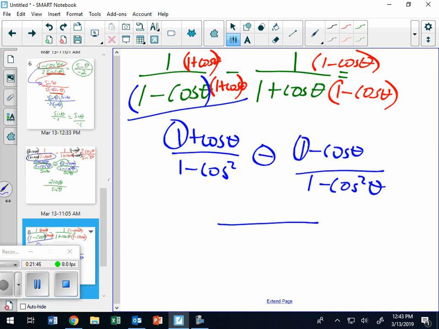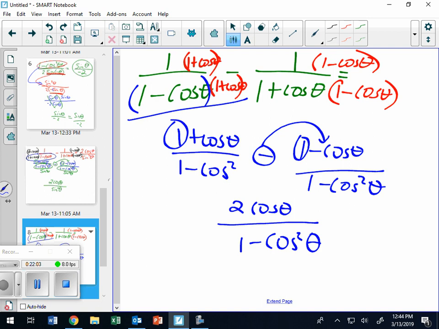And even more important, remember to distribute the negative, so that's positive cosine, so that's 2 cosine theta over 1 minus cosine squared theta. And some kids think you can cancel those cosines.